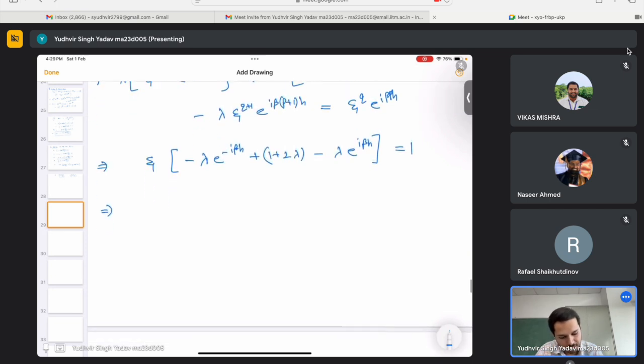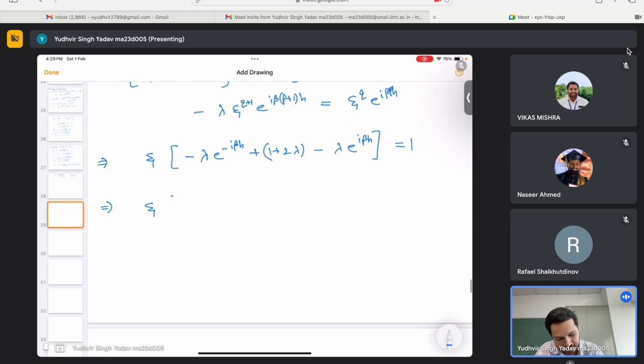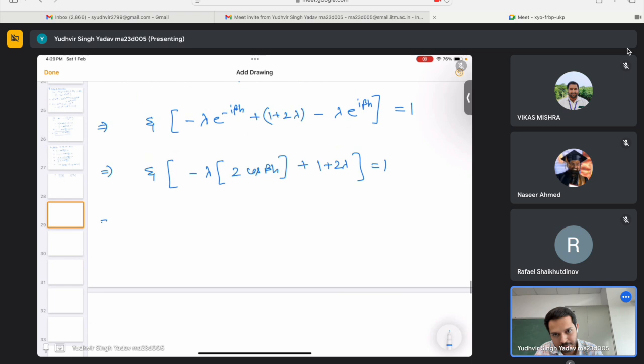So from here, again, we will use the trigonometric identities. So this will be minus lambda common, and it will be nothing but 2 cos beta h, plus 1 plus 2 lambda equals 1.